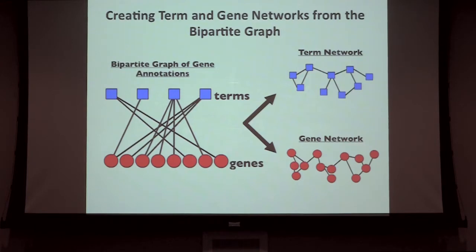Because we want to find the relationship between terms, and because on the other hand, we also want to see what the functional similarity implies in terms of relationships between genes, we're interested in making two projections. So we start with this bipartite graph of gene annotations, and we can project onto a term network where we have connections between terms, or we can project onto a gene network.